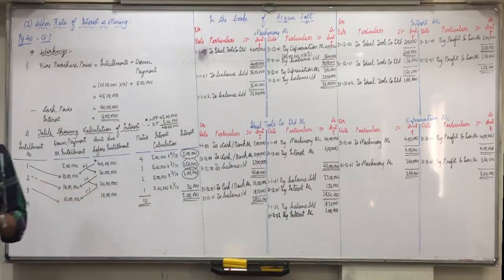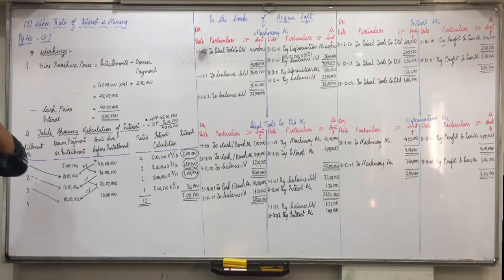After interest, the installment entry on 31/12/2002. Where will Ideal Tools be posted? Yes, Ideal Tools account debit side. So is the entry cash to Ideal Tools?